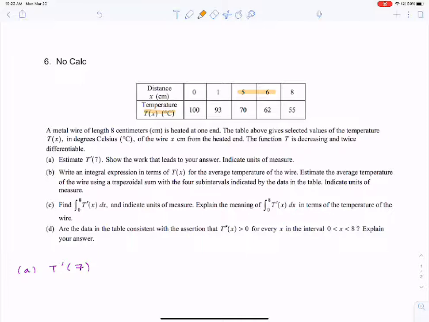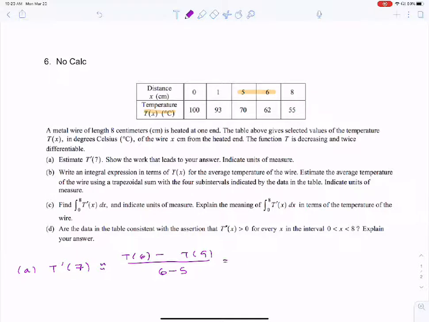So I know that 7 is somewhere in this interval right here. Since it's an estimate, T prime of 7 is approximately equal to T of 6 minus T of 5 over 6 minus 5.